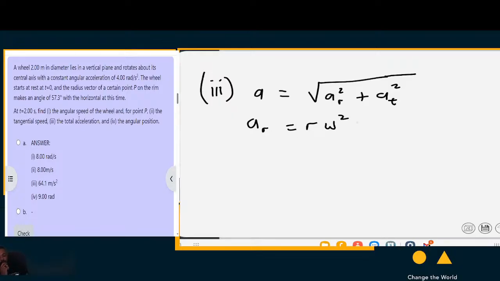So that is the radius, which is 1 meter, multiplied by 8 radians per second, squared. 8 squared is 64, so this is 64 meters per second squared. That is the radial acceleration.